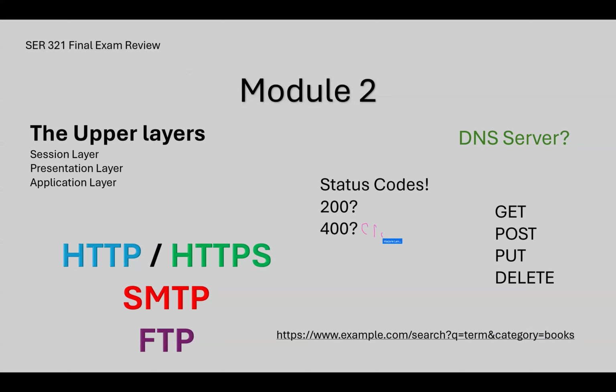The presentation layer is more of the translating, compressing, encrypting. It's one of the layers that gets abstracted away a little bit by using things like gRPC much, much later on. And then session layers for the authentication, authorization, session management, that kind of stuff.